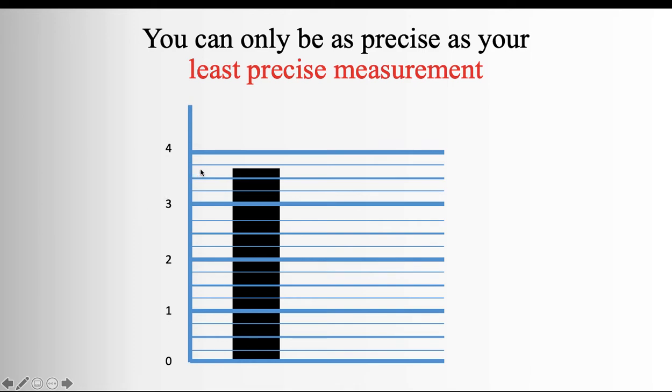Now if I continued to divide all of my divisions into halves, I could really get very close to the height of this column. So you can see that the more divisions you have, the more precise your scale is, the better your precision is going to be of the measurement that you're doing.